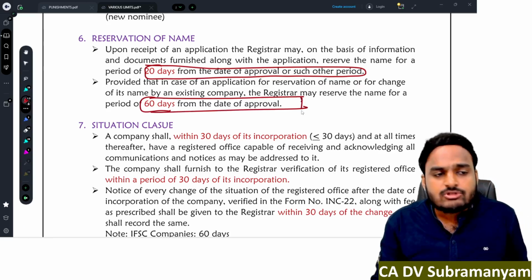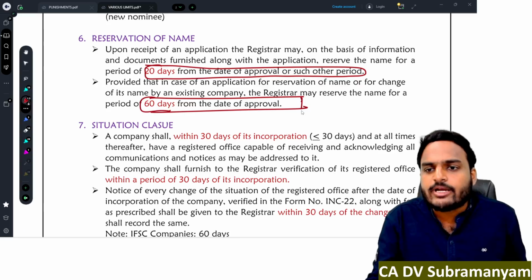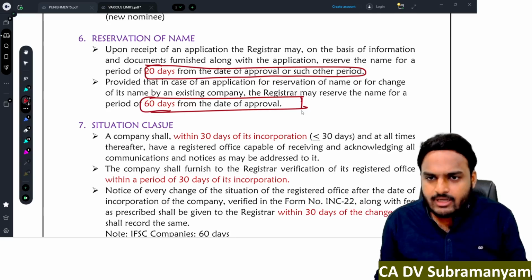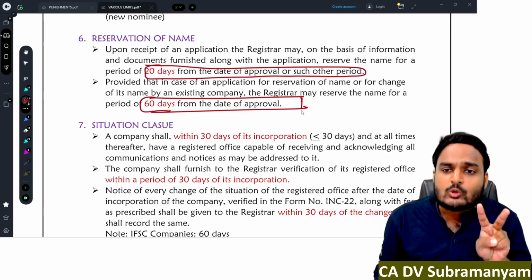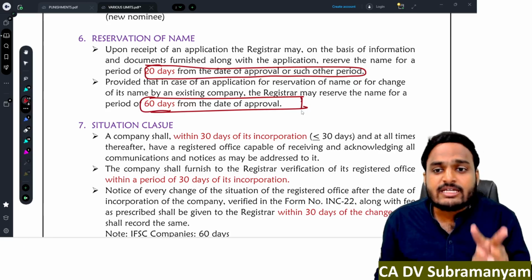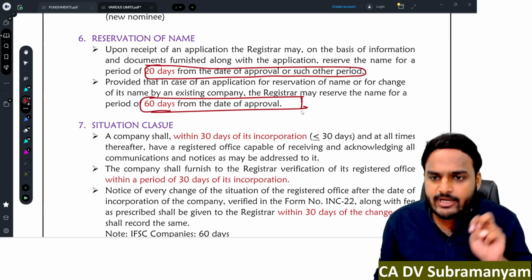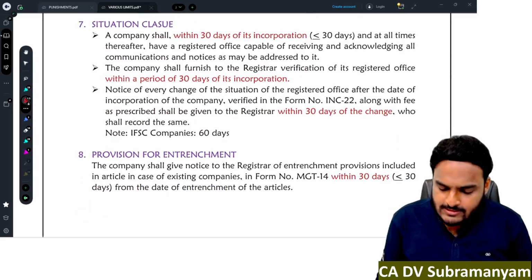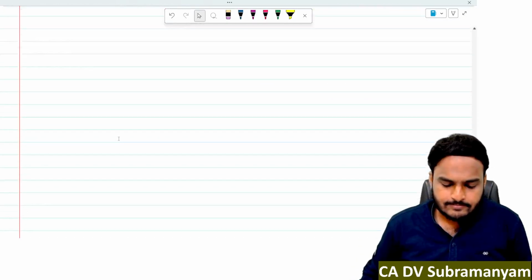In that case, the name shall be reserved for a period of 60 days from the date of approval. So new company, 20 days is the reservation period. Existing company which is planning to change the name, 60 days is the reservation period, from the date of approval. Next one, situation clause.